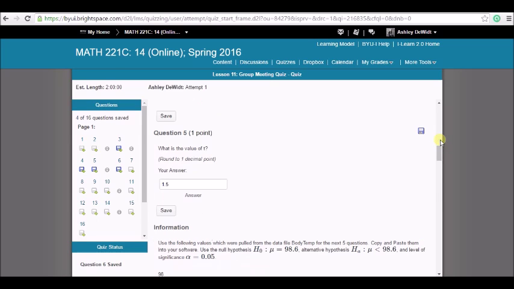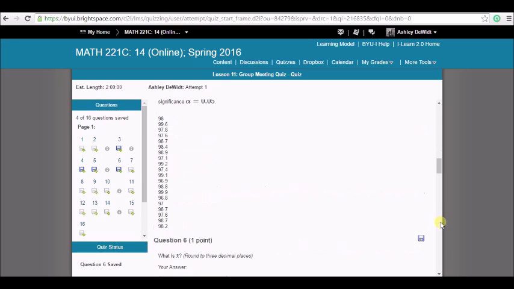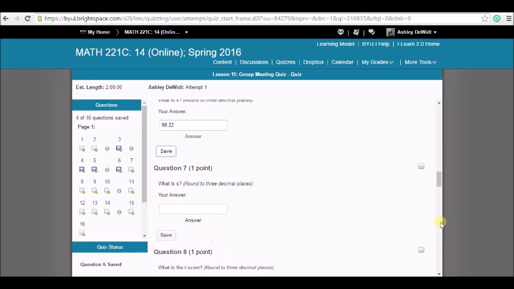What does the S represent? S, that's the, oh, crud. I had it written down here. So S is the sample statistic for standard deviation.